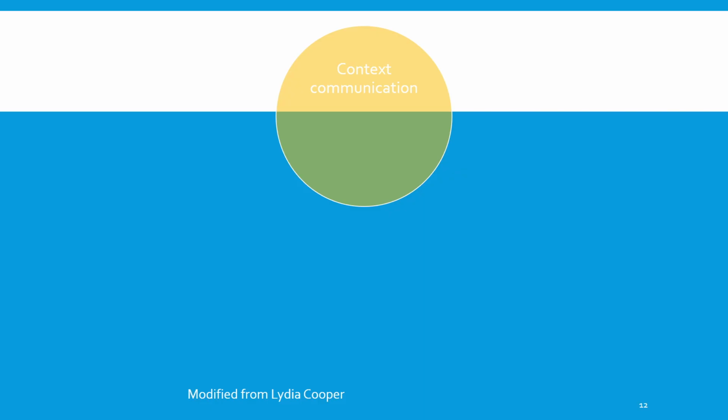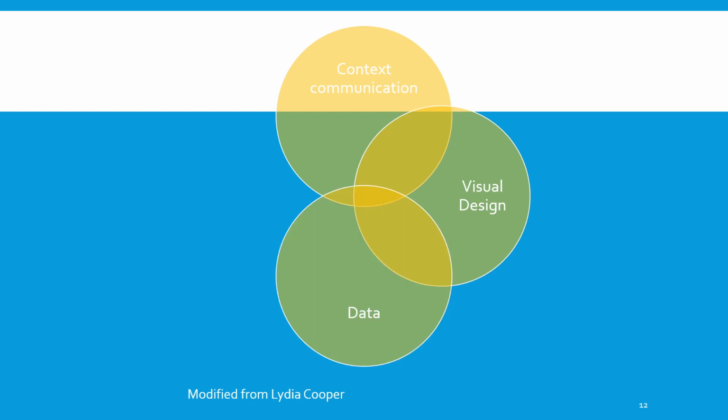And then you need to really understand the context of the communication: who you are talking to, what language you're going to be using. Then you need to be able to use the correct visual design for that context. And of course, you need to understand data and how that data is going to feed that visual design and how that data needs to be presented in that context.